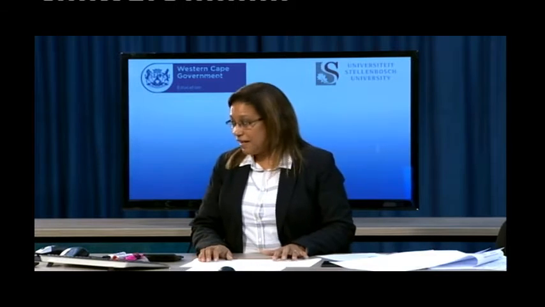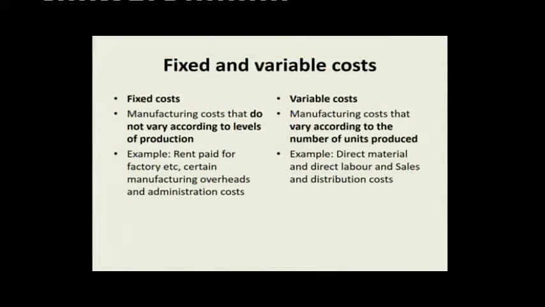I only have 5 minutes, and I wanted to look at some answers. Someone wanted me to explain fixed and variable costs slowly. So let's go back to that quickly. Okay, fixed and variable costs. So if you look at fixed costs, these are costs that do not change. They remain the same whether you are producing 5 units or whether you are producing 500 or 5,000 units.